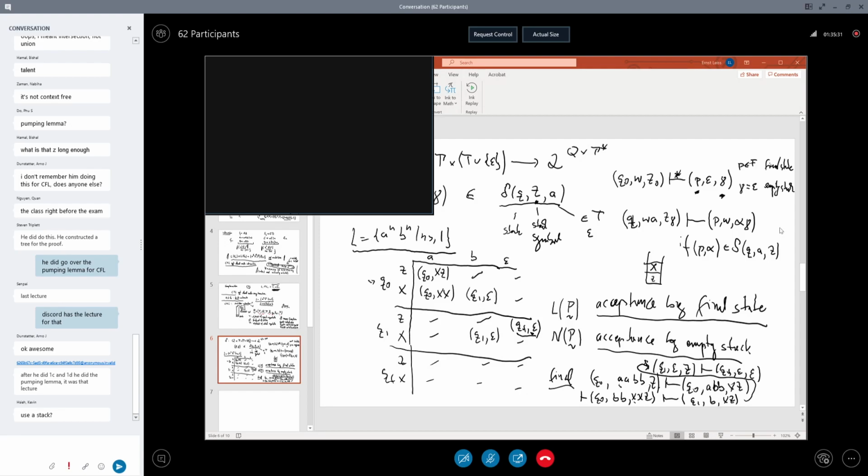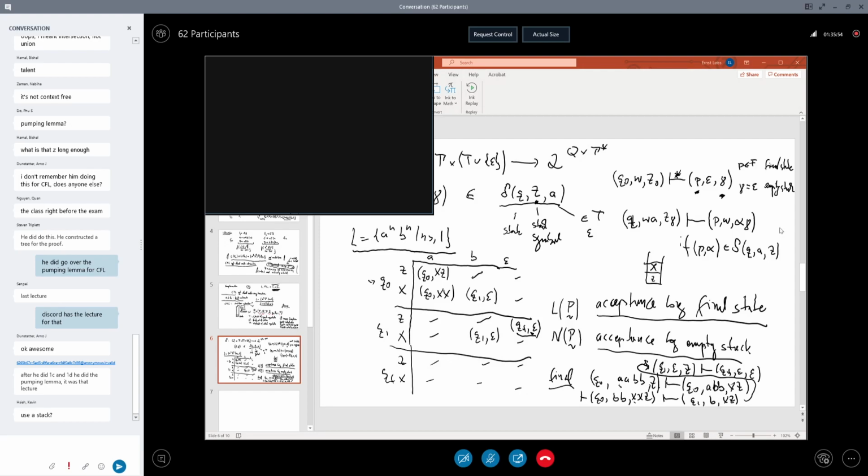We will then have to show two things: that whenever we have a context-free grammar, we can construct a push-down automaton for the language generated by that grammar. So the push-down automaton accepts exactly the language that is generated by the context-free grammar.